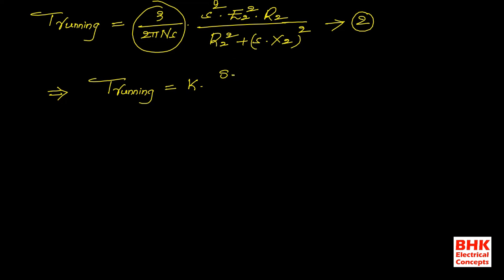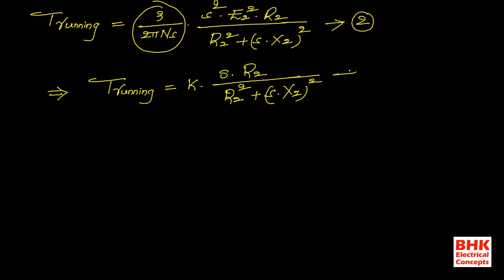E2 we neglect because it is constant. So T running, or running torque, is equal to K into S into R2 divided by R2 square plus S into X2 square.